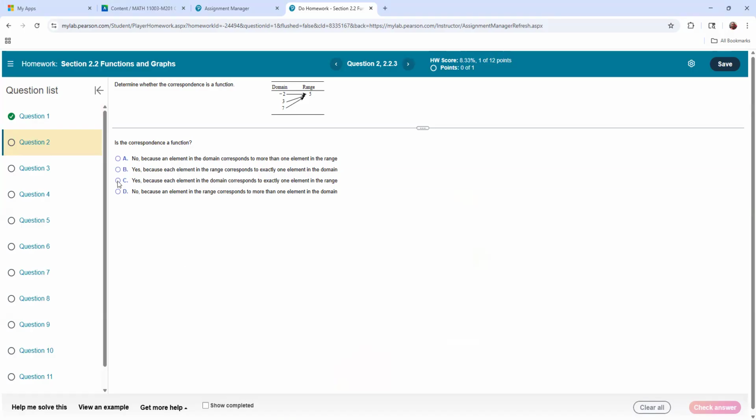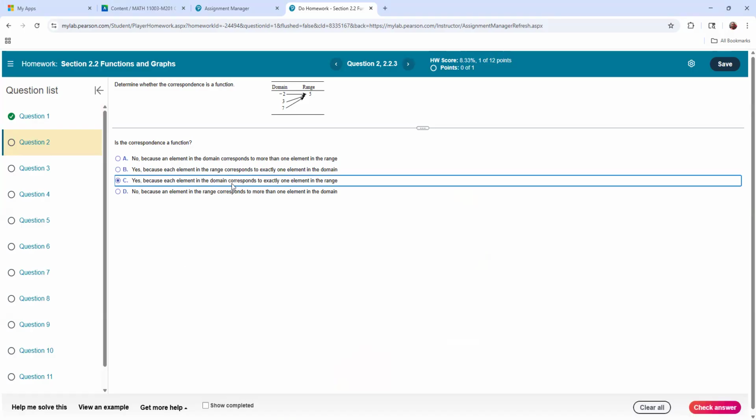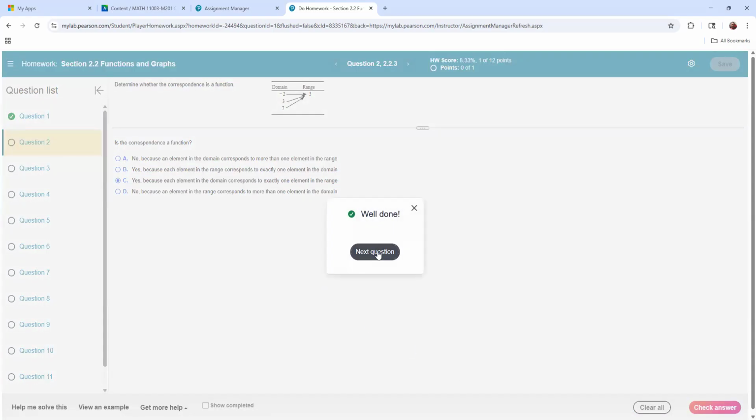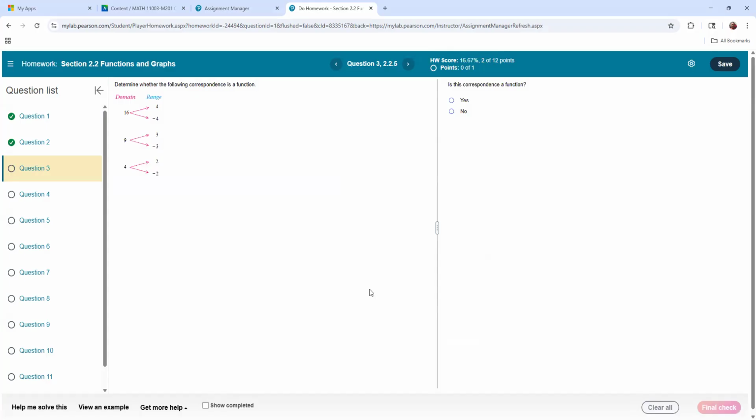You got to go down to C because each element in the domain corresponds to only one element in the range. See, B is right as far as yes, but it says the range corresponds to one in the domain. Well, y'all, if you look at 5, it's got 3 different domain values. So that's absolutely wrong. So it's got to be C. The domains correspond to one element in the range.